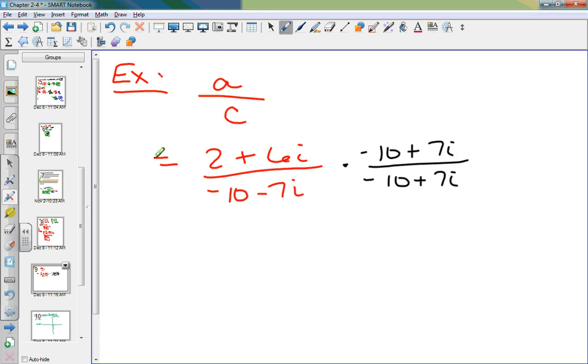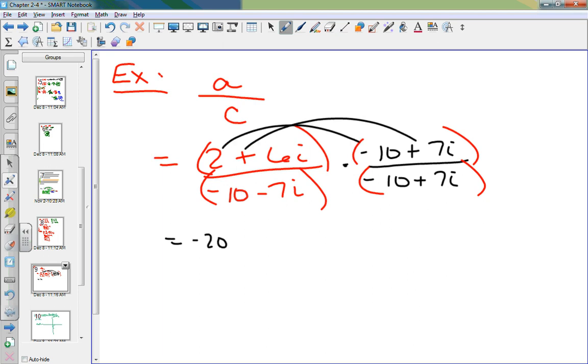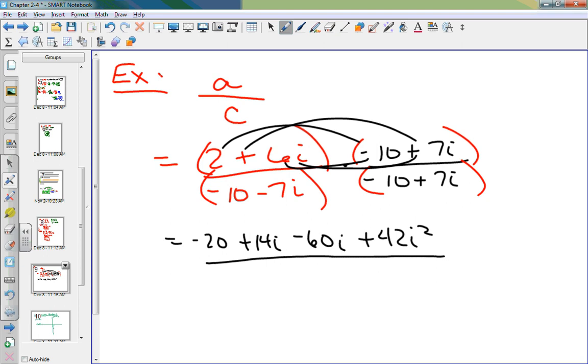And what you're going to do is immediately put parentheses around all of this. And do what? Nope, not cross multiply. FOIL. Okay? So that's going to give me negative 20 plus 14i minus 60i plus 42i squared all over.